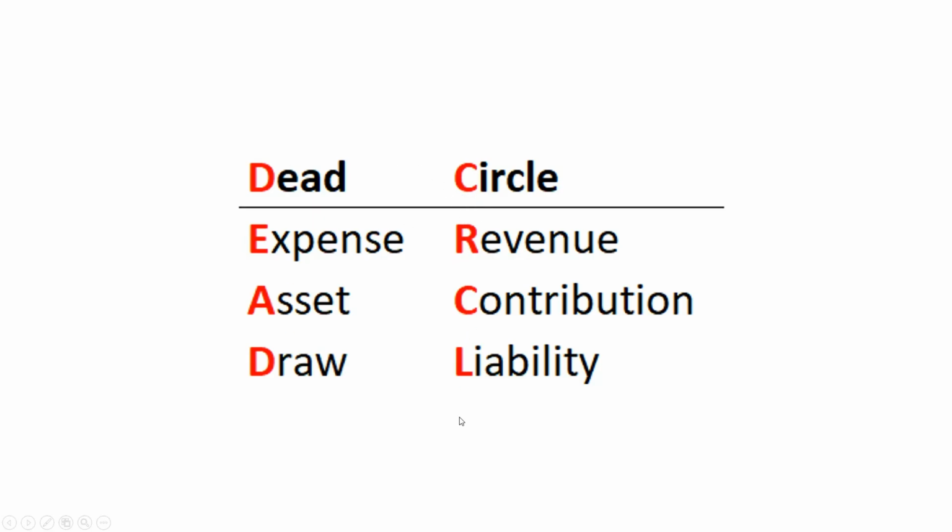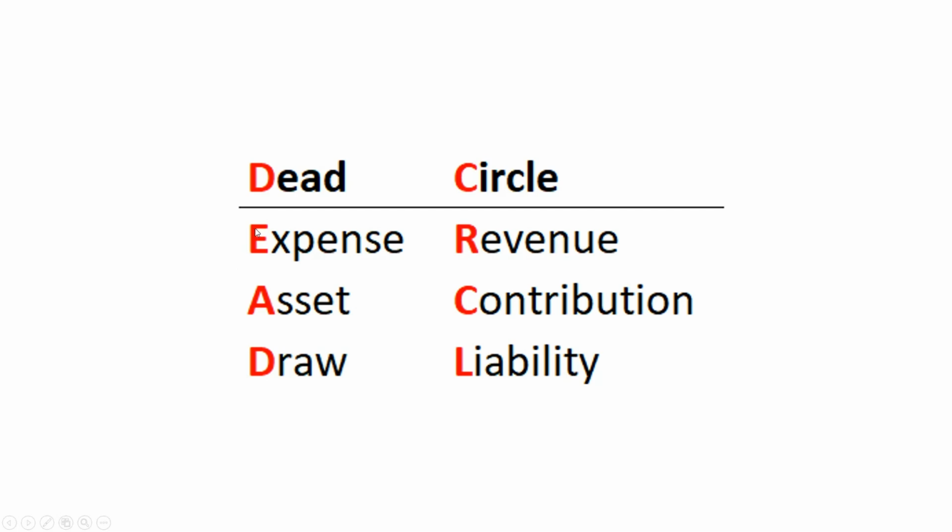So you've got kind of a truncated word there, but if you get that in your mind, what this helps you understand is what's either debit or credit. So what side of the T account do these accounts increase on?